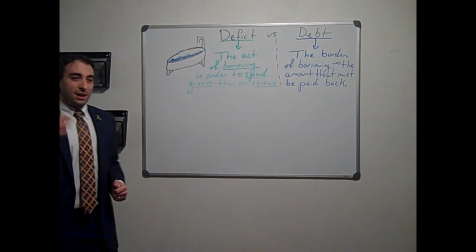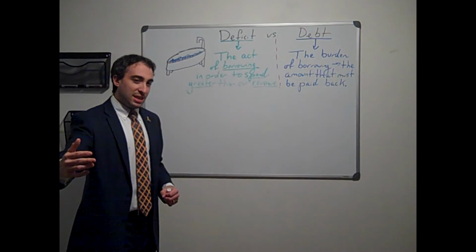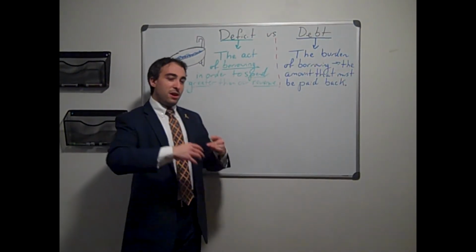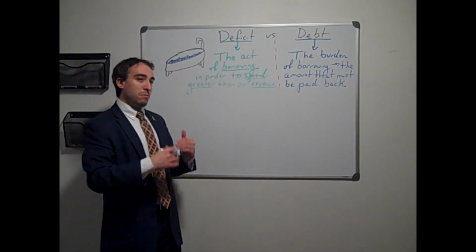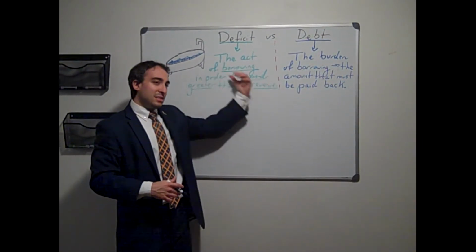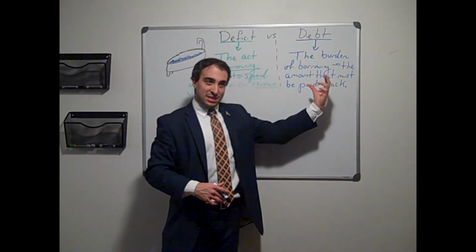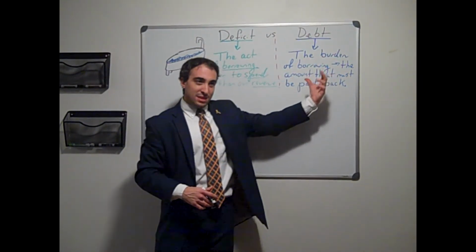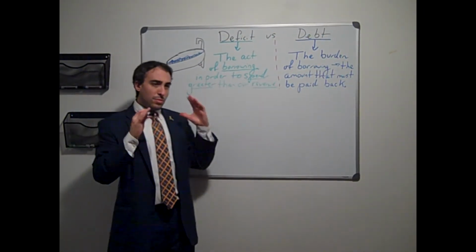Now, for the final aspect of fiscal policy, deficit spending: spending is greater than revenue. In order to do that, the government must deficit spend. As the government deficit spends, it increases the national debt. And be very careful when we say this.